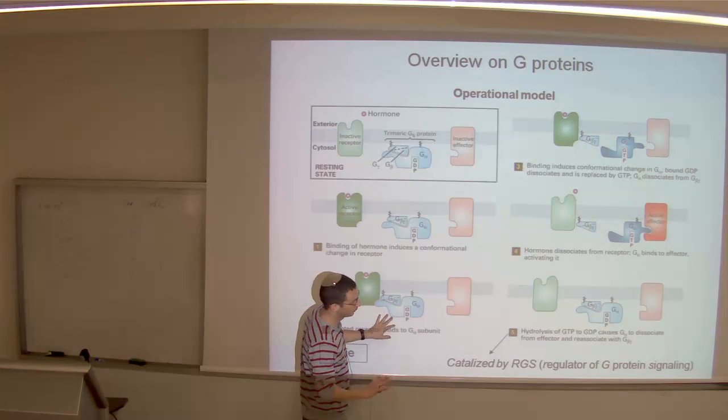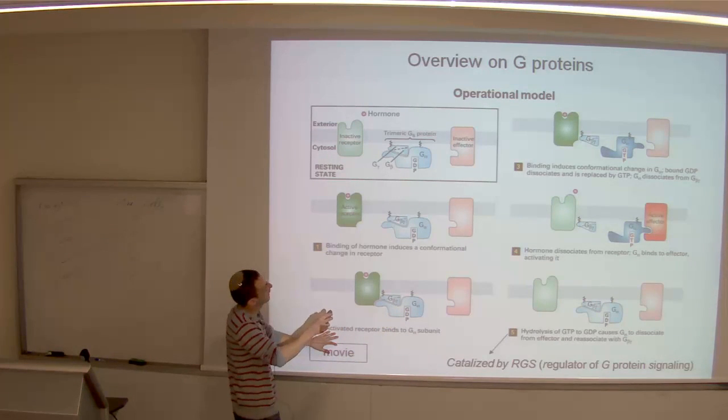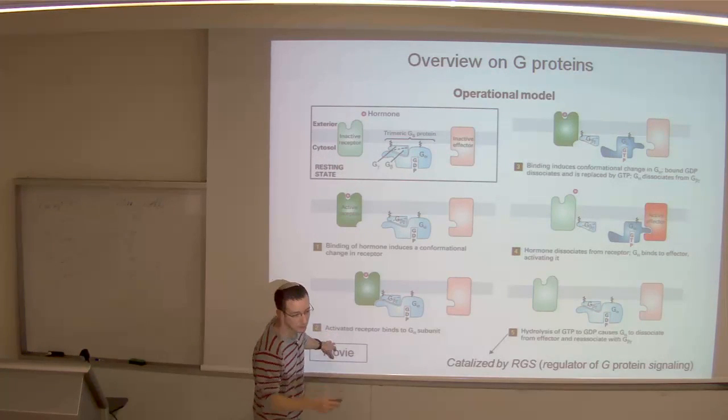So just again, the principle about the GTP and the GDP across this sequence of events. In the basal state, the resting state, when there is no signal transduction, the G protein holds a GDP in its binding site.